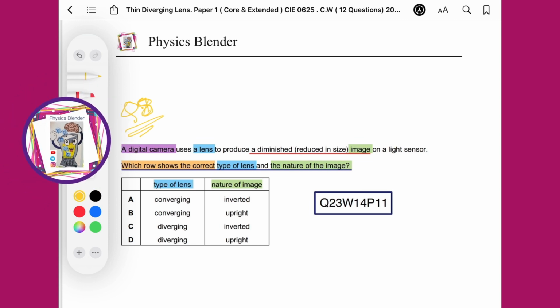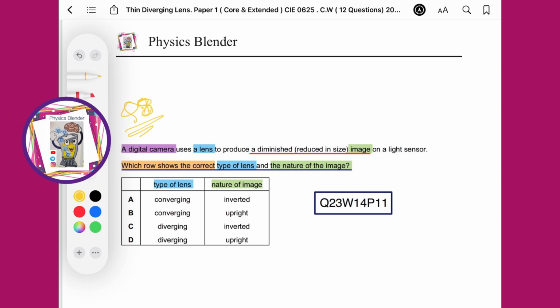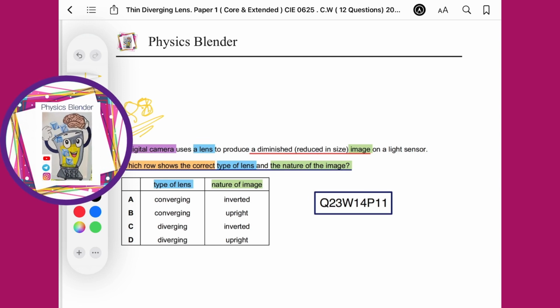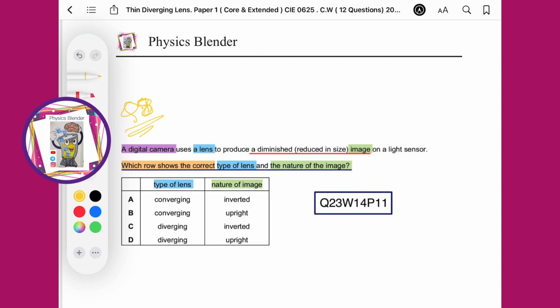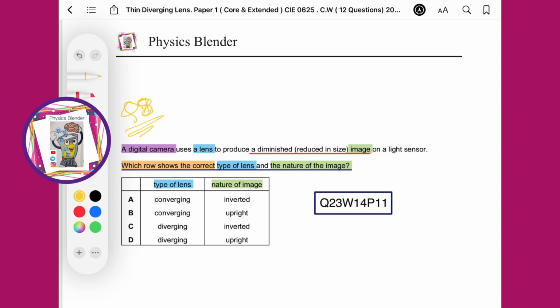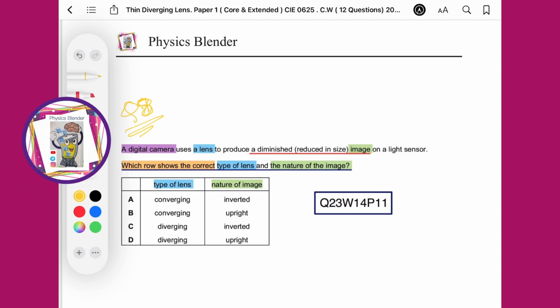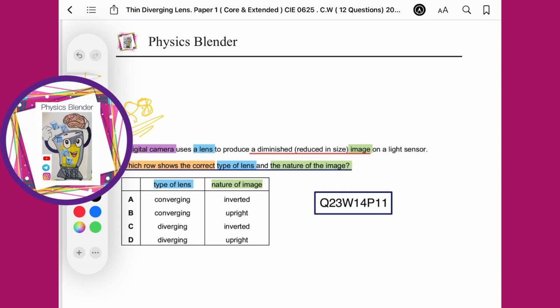While we were discussing converging lenses, we discussed the case of a camera, and we said the image produced by the camera should be diminished and can be received on a screen, so it's real.